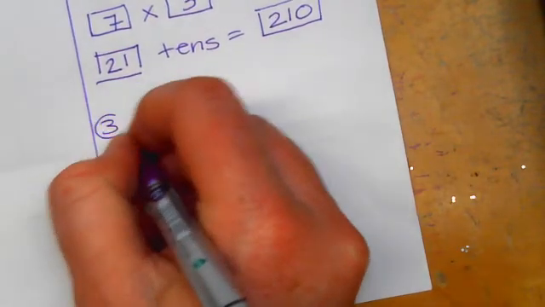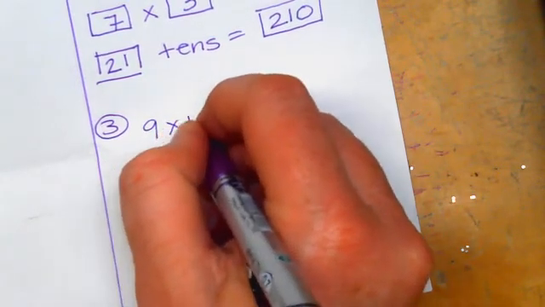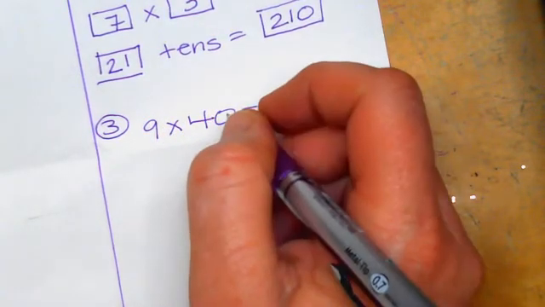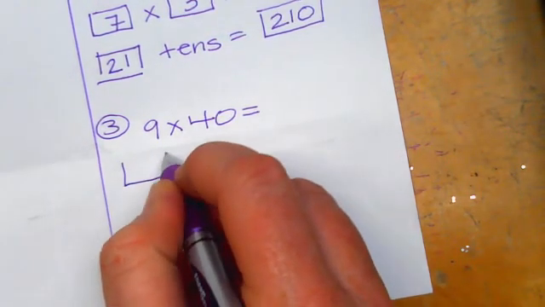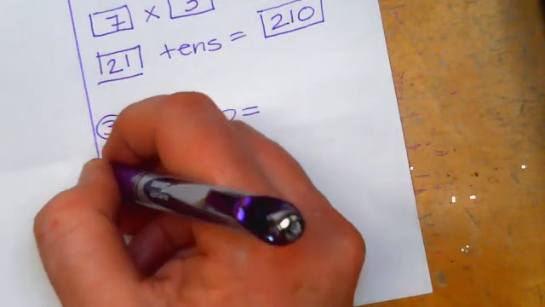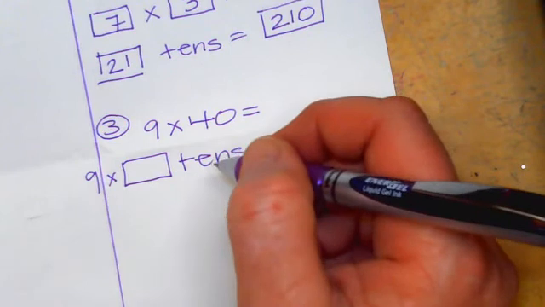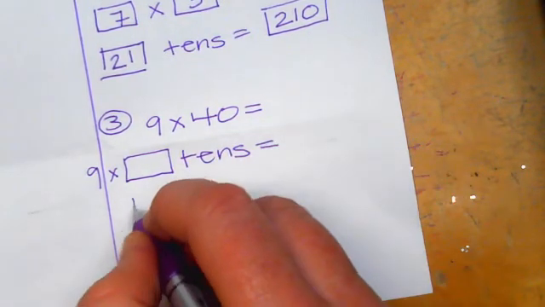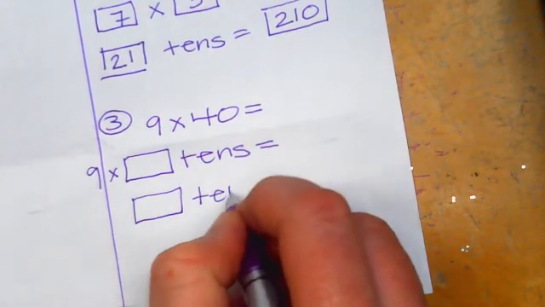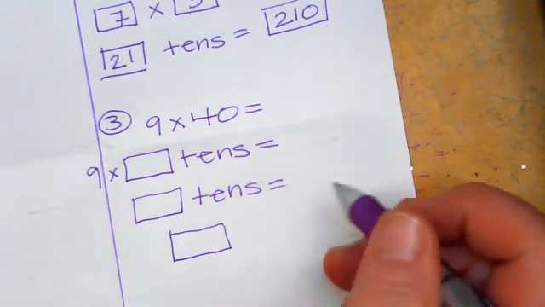Making sense so far? Okay, let's try another one. Here's number 3. So on number 3, I have 9 times 40. And then I have 9 times green box tens. So I'm going to say 9 times green box tens, and that equals green box tens, and that equals green box.